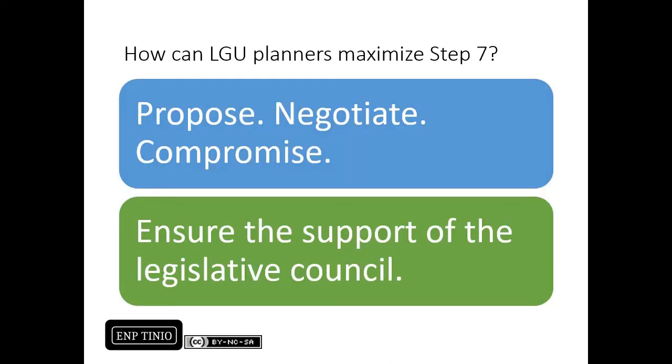How can LGU planners maximize step 7? First is to recognize that the local planning process, especially for a long-term plan like the CLUP, is political. Thus, LGU planners need to propose, negotiate, and compromise.